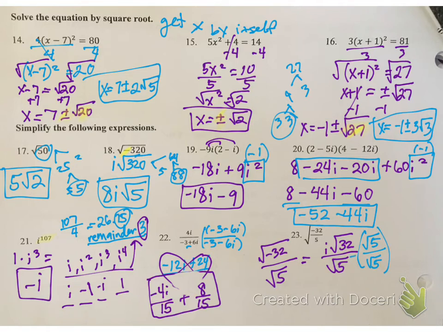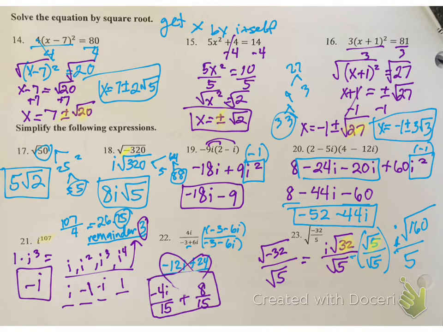Then I'm going to multiply across. Square root 5 times square root 5 is just 5. And then I'm going to take the stuff in the radical and multiply it together. So that would become i, 32 times 5 is 160.